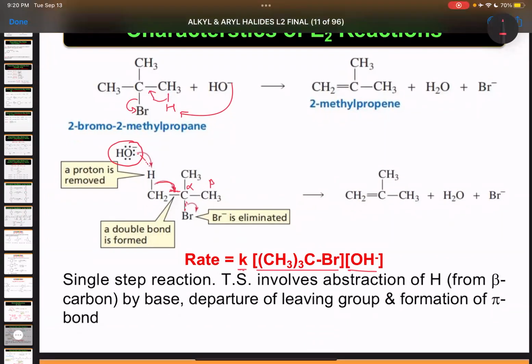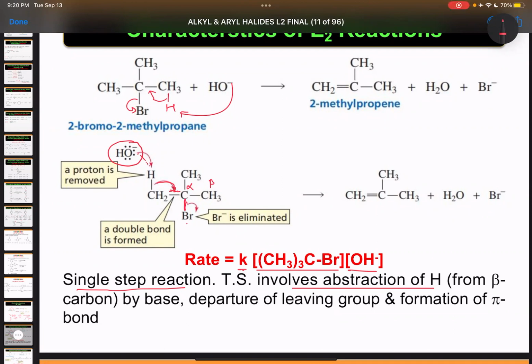Yeah. So this is alpha beta elimination, 1-2 elimination. That's what I said. And this is written over here: single step transition state involves abstraction of H from the carbon atom adjacent to the carbon atom bearing the halogen leaving group.